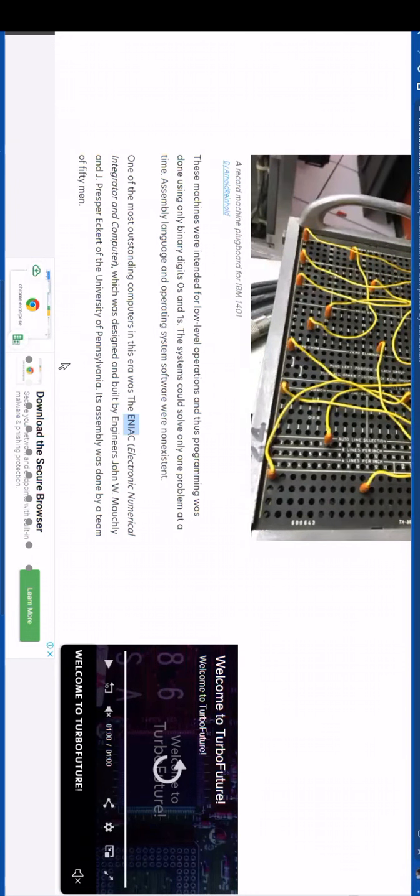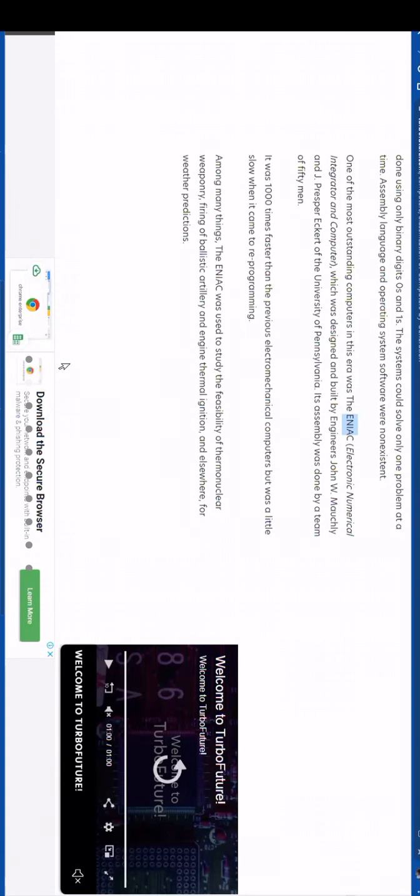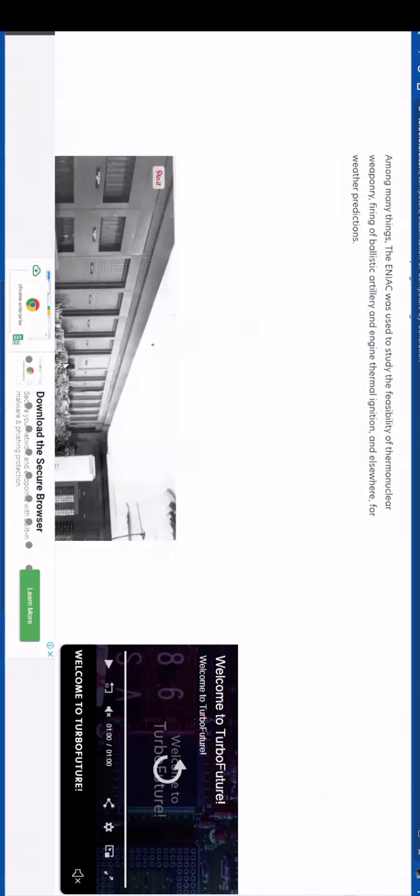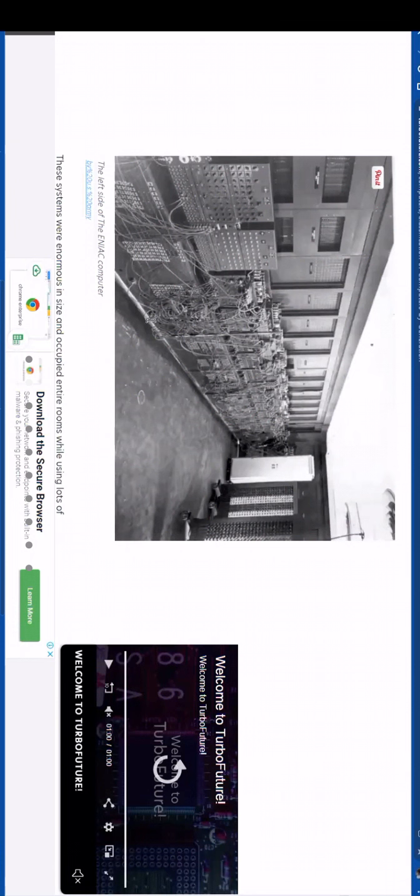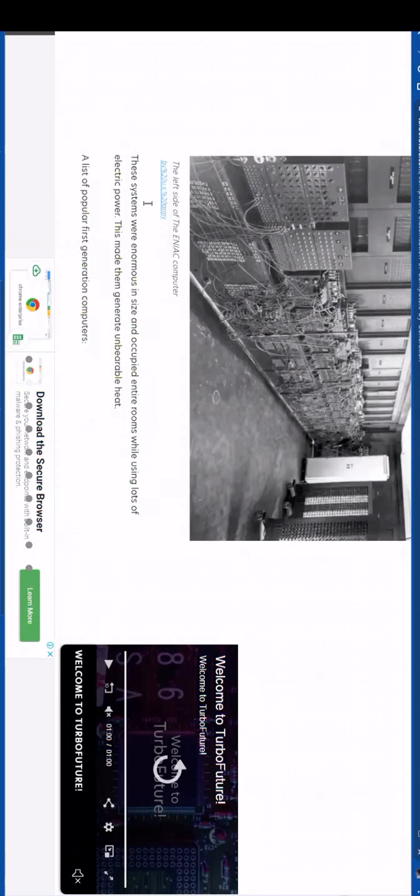It was 1,000 times faster than the previous electromechanical computer, but was a little slow when it comes to reprogramming. This is the shape and size of your first ENIAC, the first generation computer.